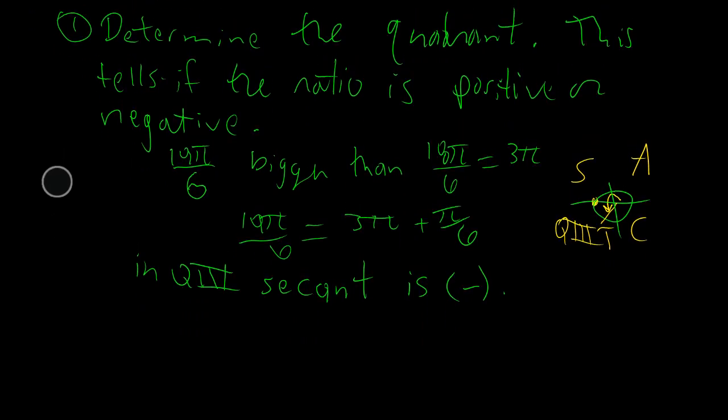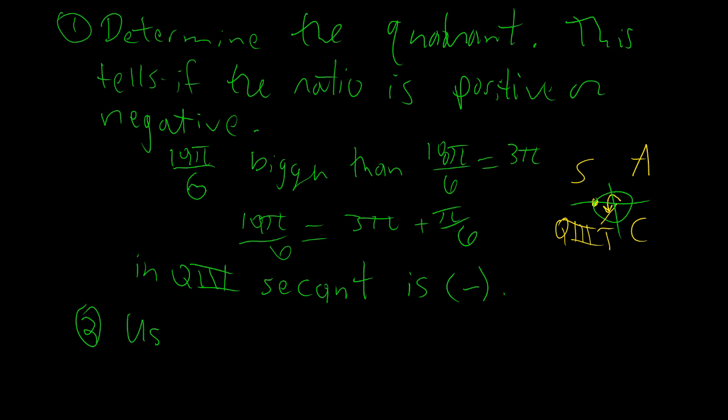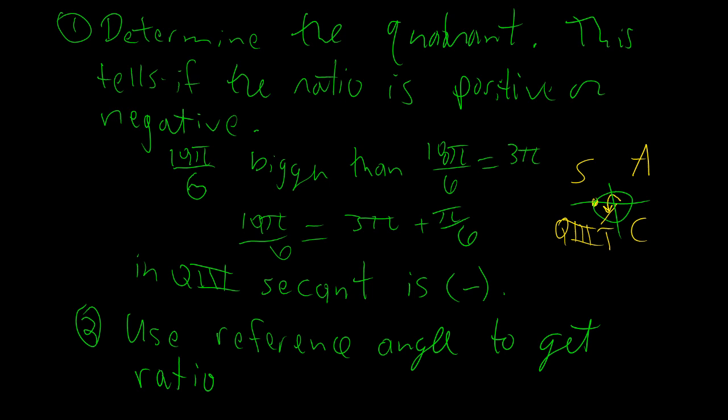The second part is much easier, probably. Second part is use the reference angle to get the ratio. And our reference angle is simply pi over 6.